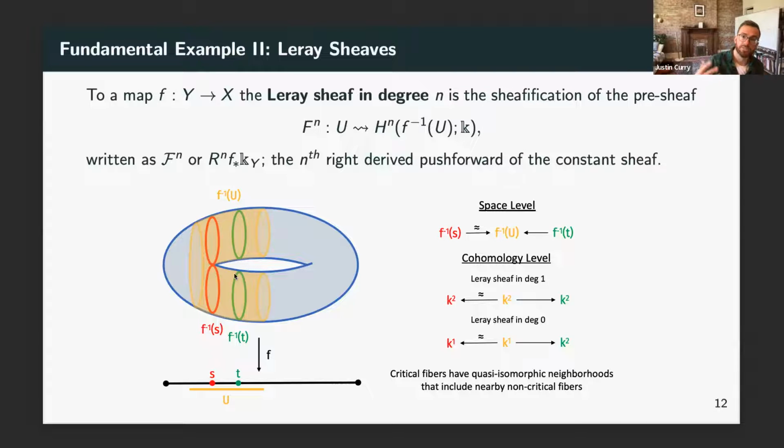The general phenomenon is that if I have a critical value, and I look at some neighborhood that contains that, then I get, in this case, a pair of pants, which actually deformation retracts onto the critical fiber, so the red pair of open sets.